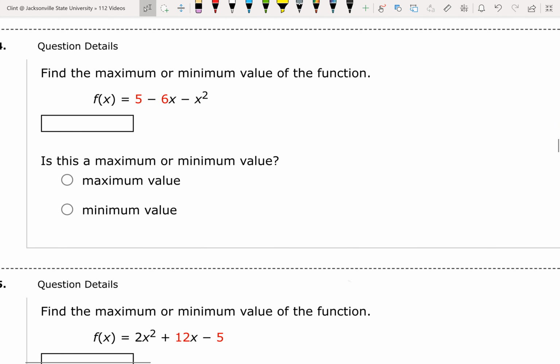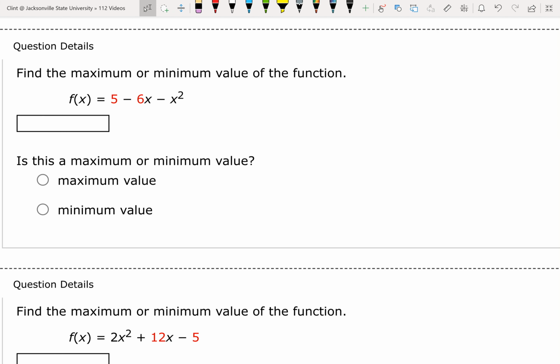Alright, so now we just have one that says find the maximum or minimum. So if you want to, you can rewrite this in the order you may be more comfortable with looking at it. Switch the order of the terms back around so we get the squared term in front. And anytime you see a quadratic and it says find the minimum or maximum, then we're going to look at the vertex.